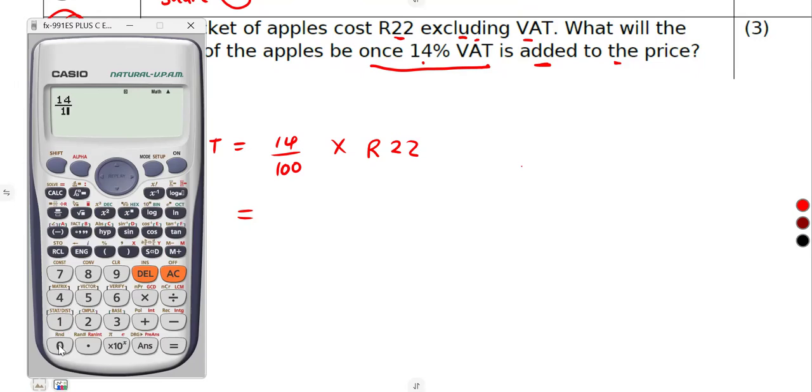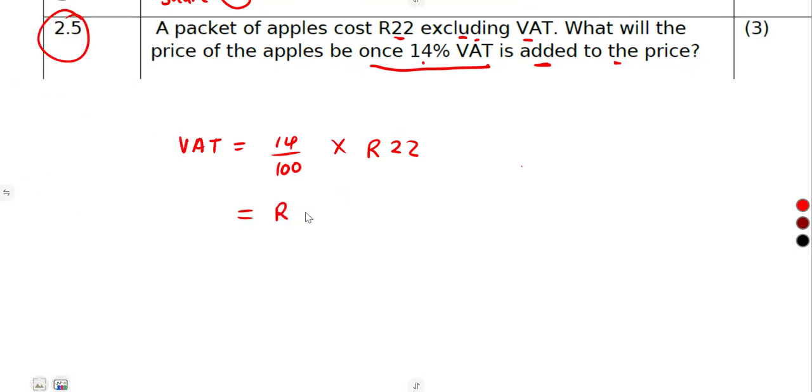14% of that is our value added tax. 14% of 22 is 3.08. So that's 3.08 Rand to be added. Including the value added tax, it is going to be the original price plus the value added tax.